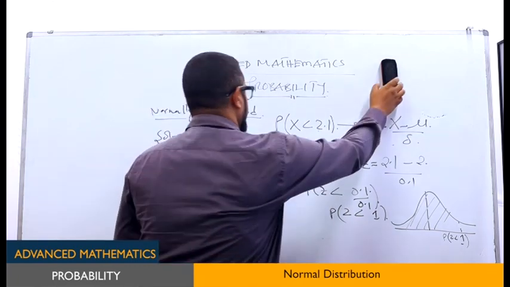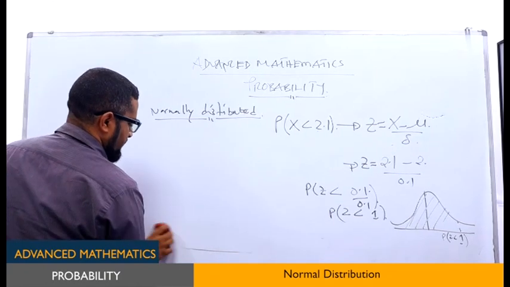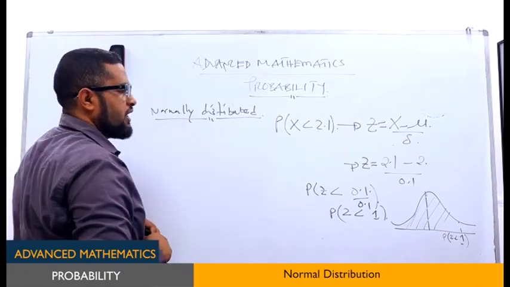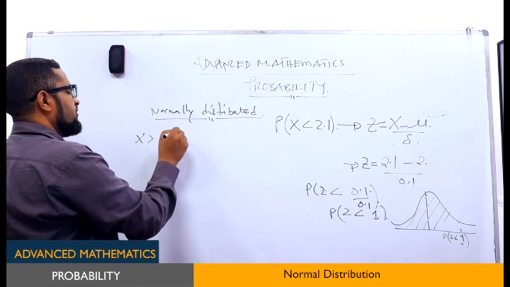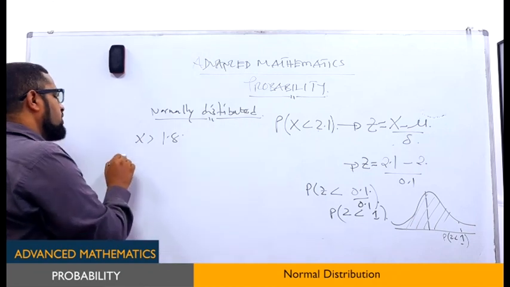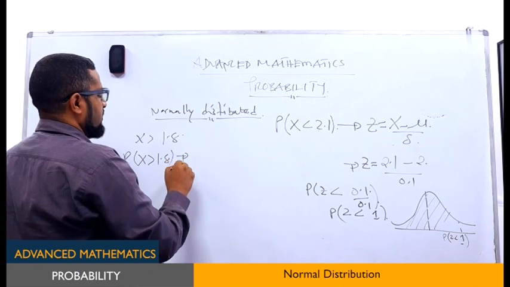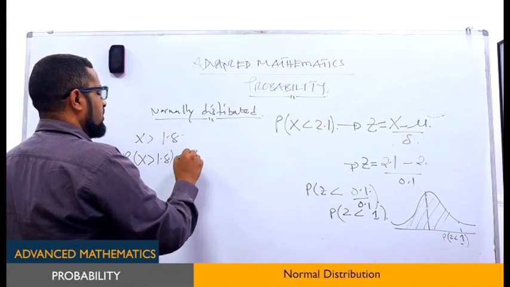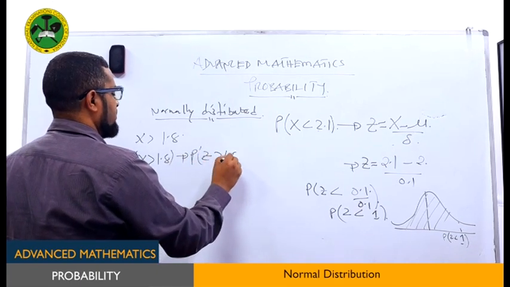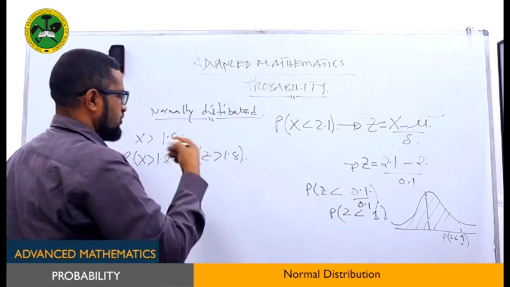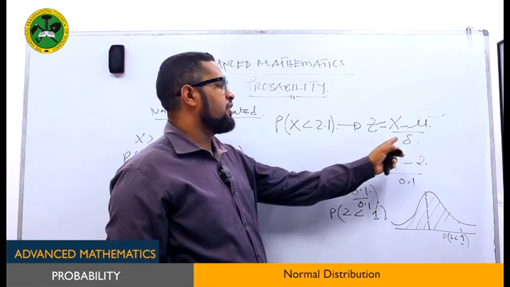Second case, when x is greater than 1.8. Here we are looking for the probability of x greater than 1.8. In standard normal, it will be z greater than 1.8, but also remember what z is. Z, as I said, is given by this formula.